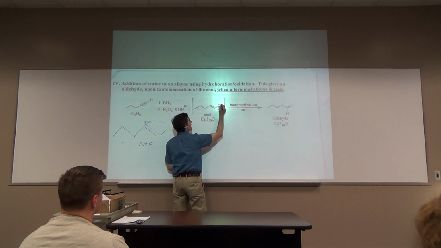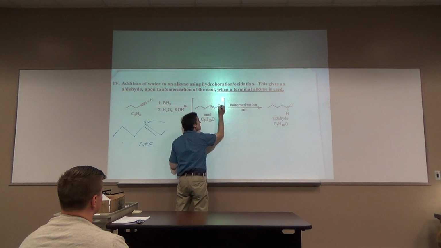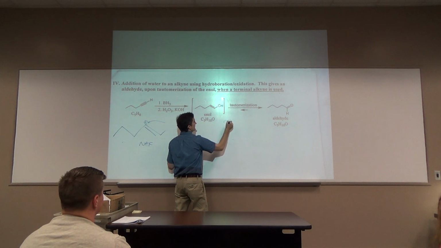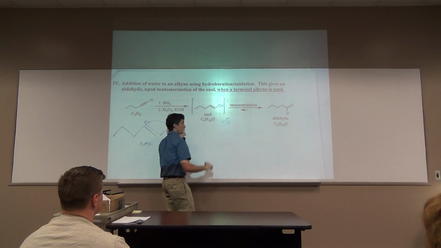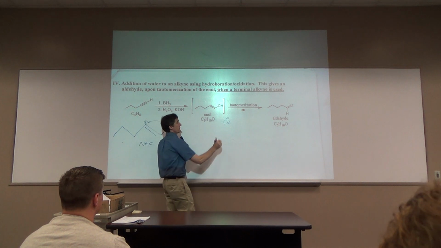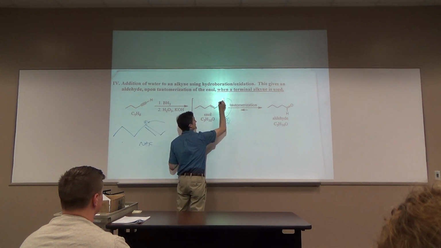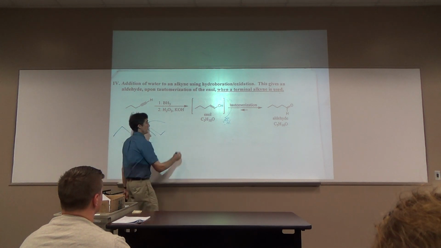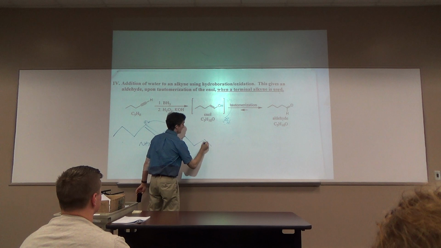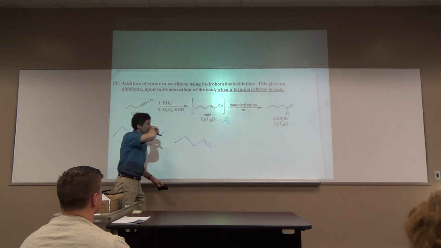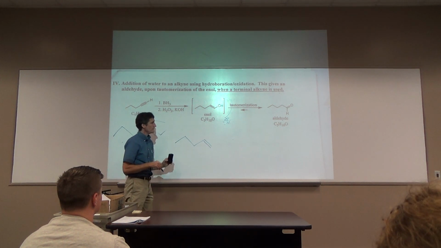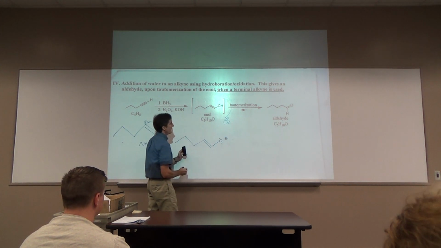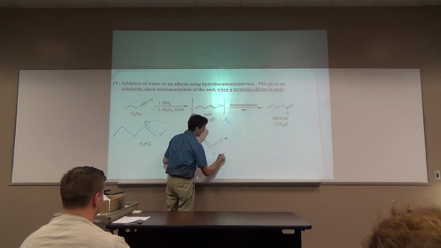Okay, let's draw this bond in. You can do this, but it's usually not big enough. We have hydroxide. That's our catalyst. These electrons take the H. It's just an acid-base reaction. That leads to that plus water.